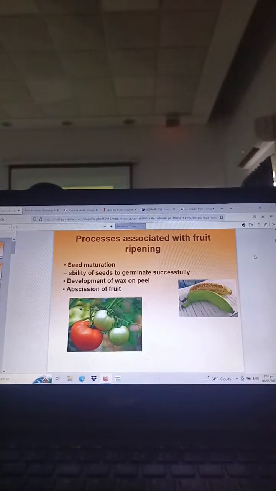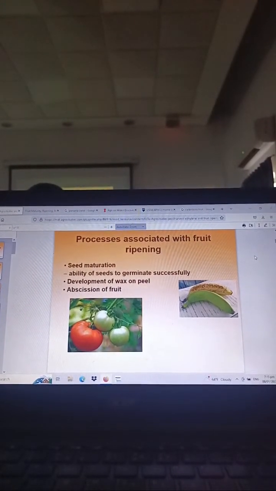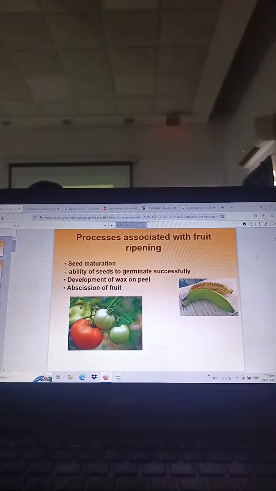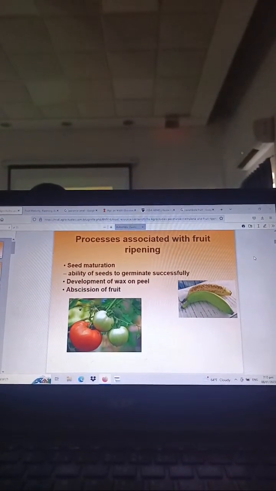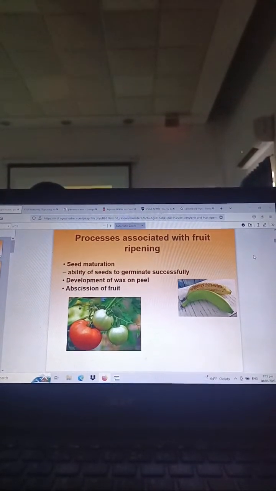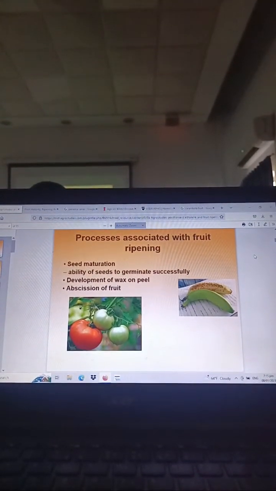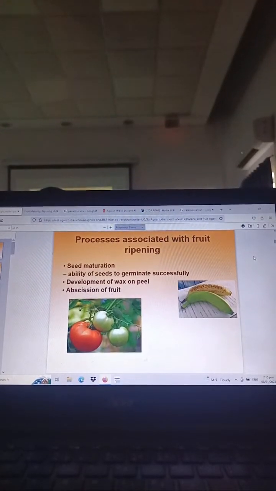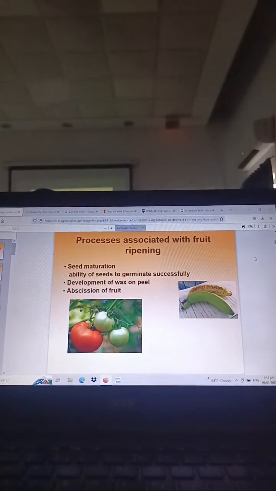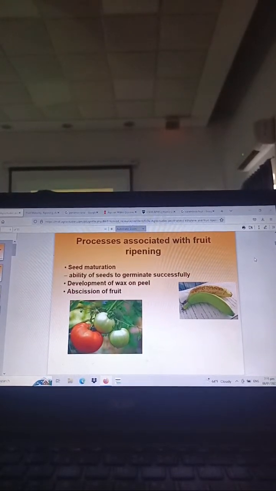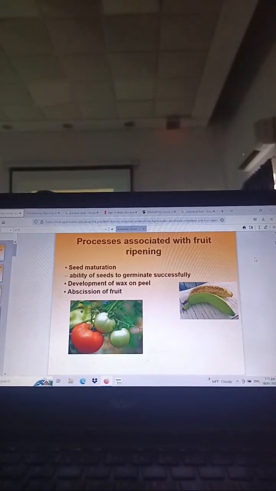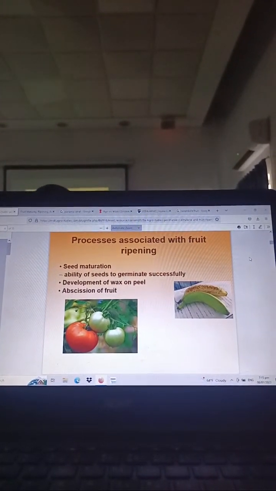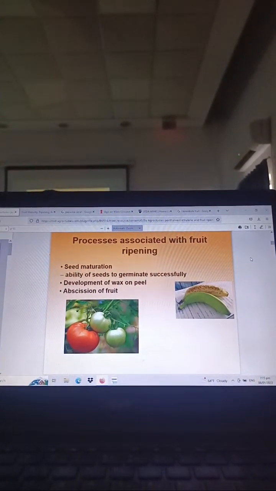However, the fruits are very smart, and they can make ethylene alone, not from artificial sources. This is endogenous ethylene. This is exogenous ethylene. You understand the difference between endogenous and exogenous? Endo, it's inside. Exo, it's outside. So endogenous ethylene: this tomato is still green.